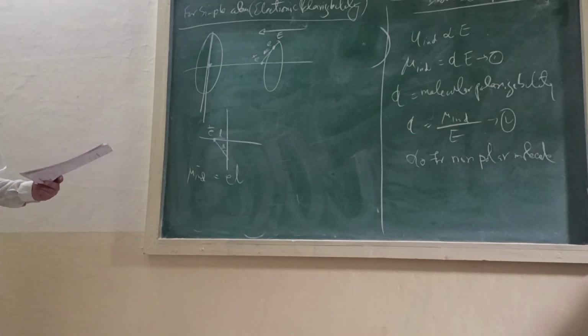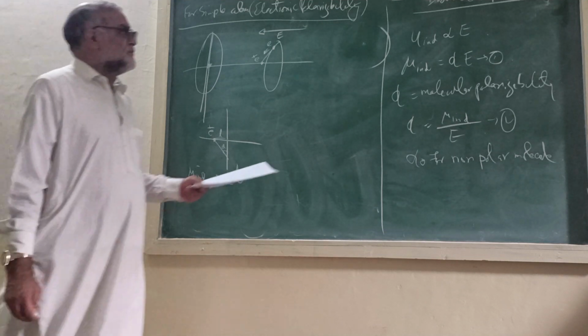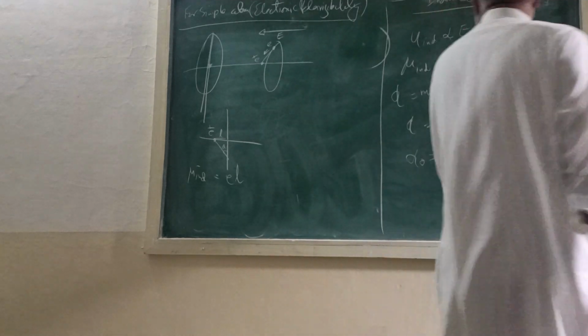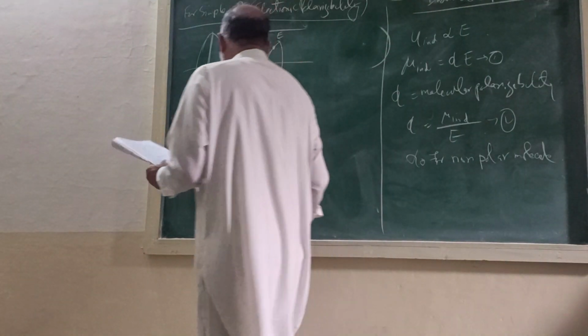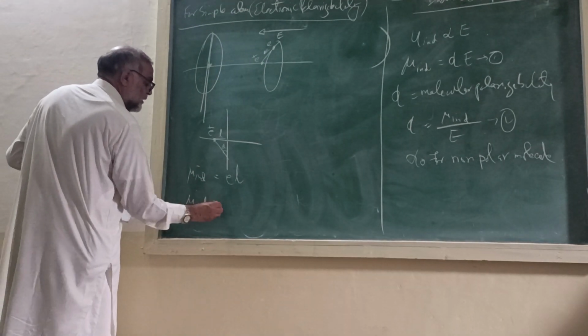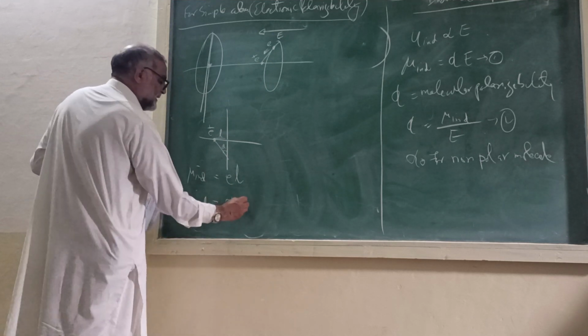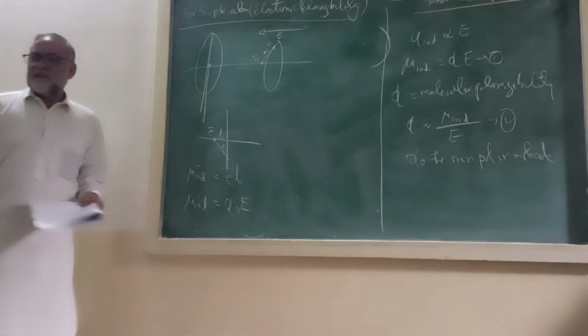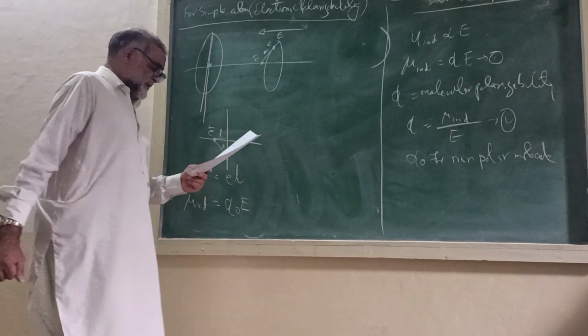And also, from equation 1, the atomic mu induced equals alpha naught times E. Because this is atomic, we write alpha naught.